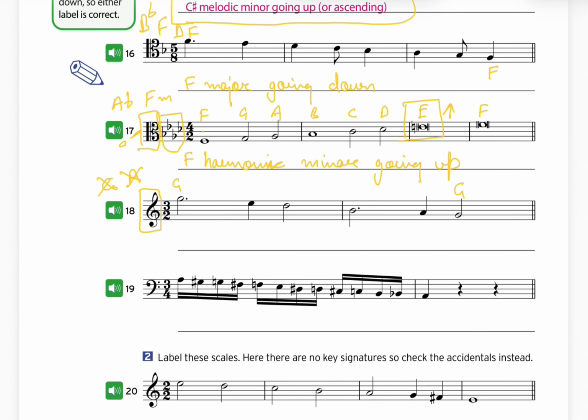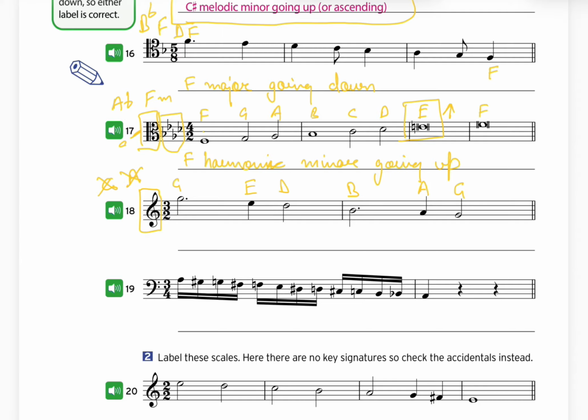So now if it is starting on G, is it a G major scale? So let's check the notes, what notes we are playing here. So this is G, then this is E, this is D, this is B, and this is A. Now, what do we need in G major scale?